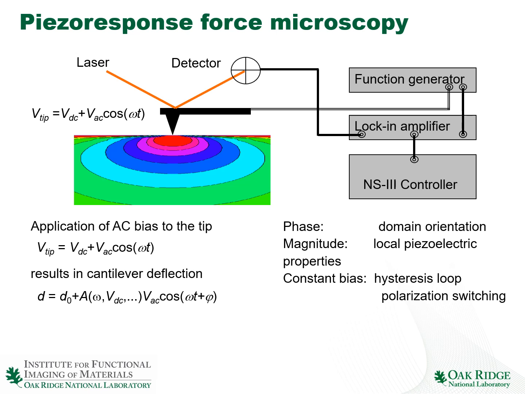The function generator is the device that generates the periodic wave, and the signal on the photodetector was captured and sent to the lock-in amplifier, and the lock-in amplifier is the device that actually measures the amplitude and phase of the tip-induced deflection, and this tip-induced deflection is then sent to the microscope controller and stored as the PFM signal.